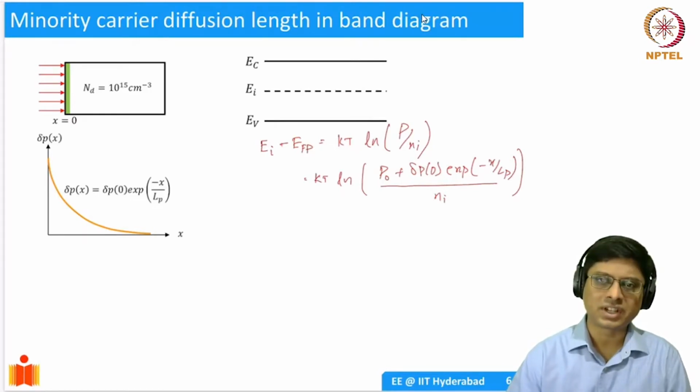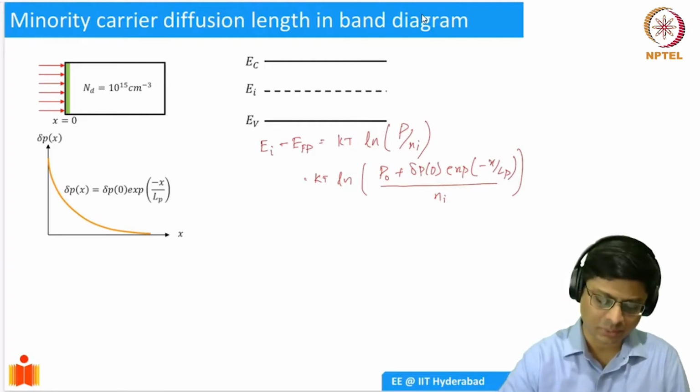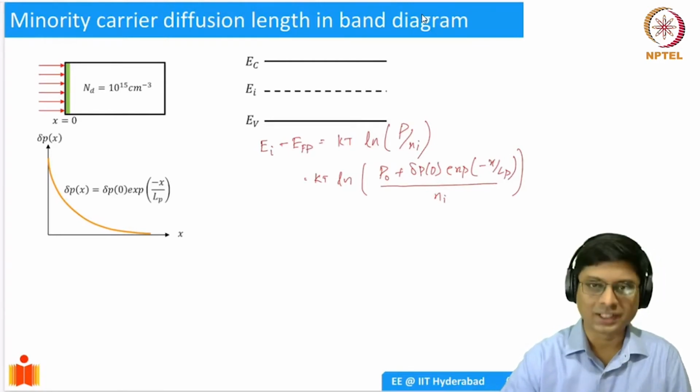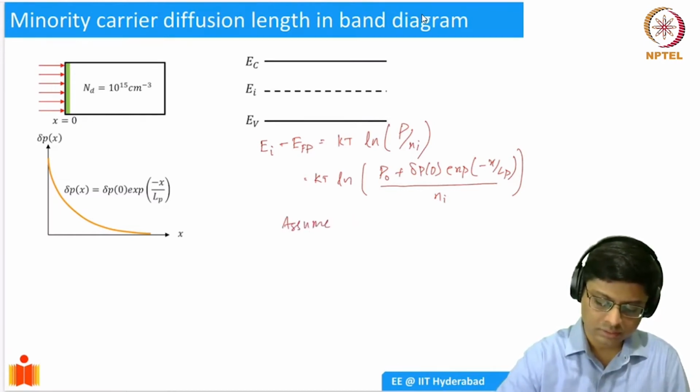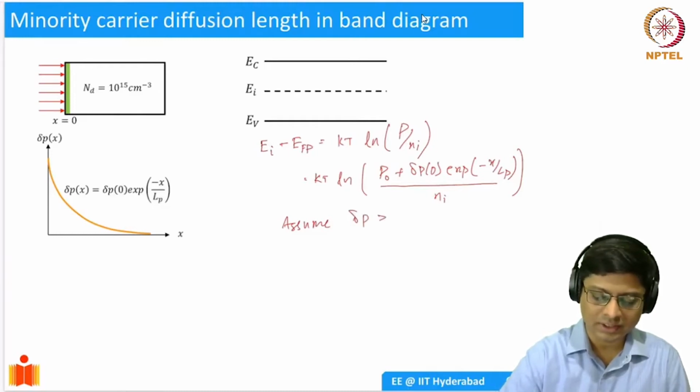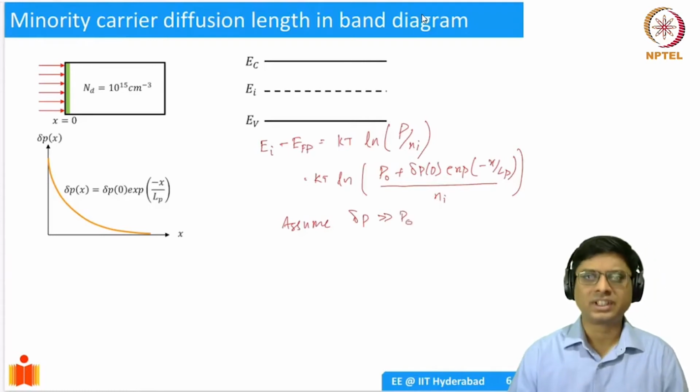Let me assume that the excess hole density is much higher than the equilibrium density. This is low level injection, and we said it will be possible. Assume delta P is greater than P naught, significantly perturbing the minority carrier density, essentially, right?